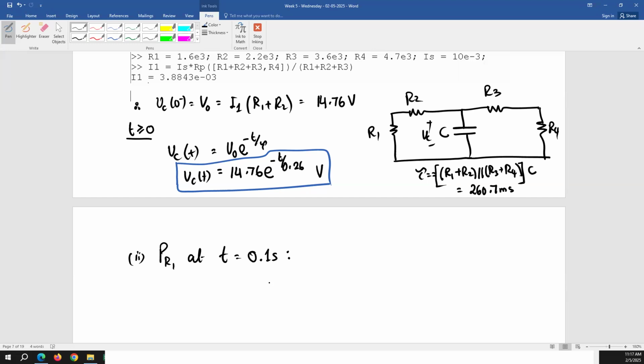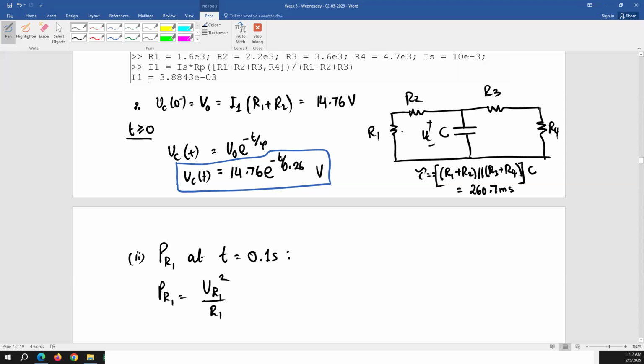We're going to use VC to find VR1 first, and then use that VR1 to find power. So power is equal to VR1 squared over R1.